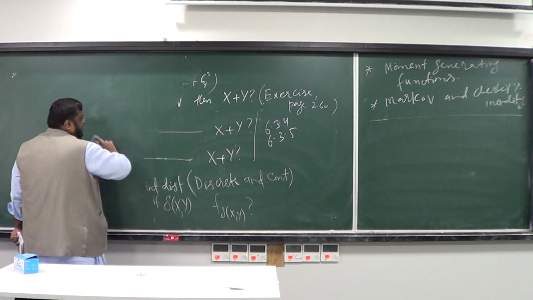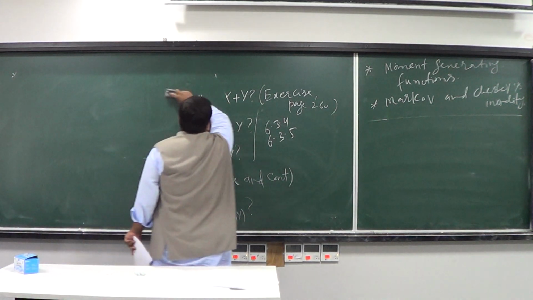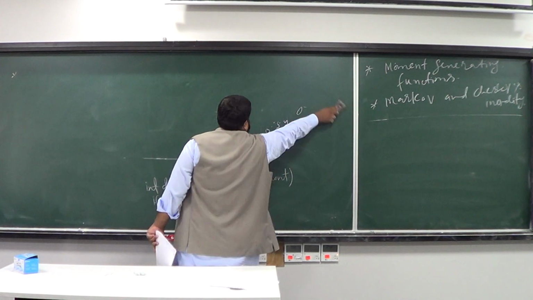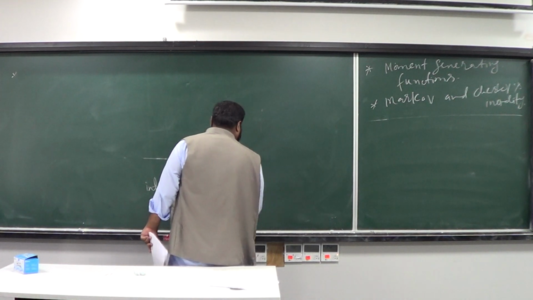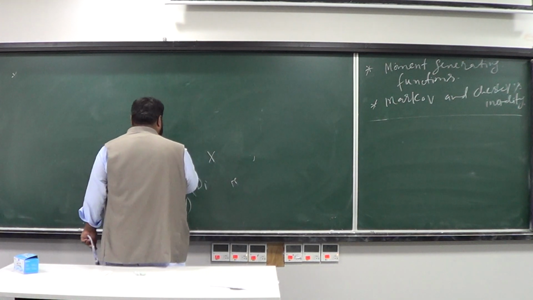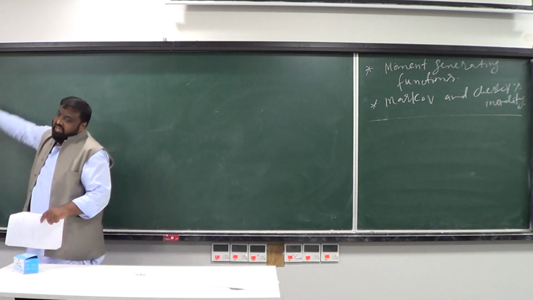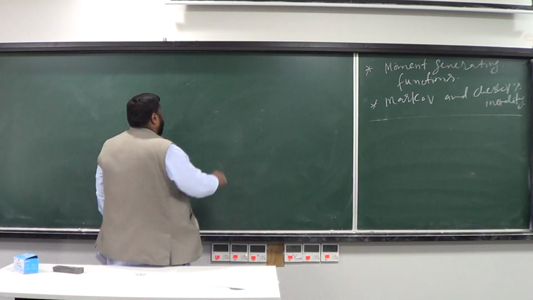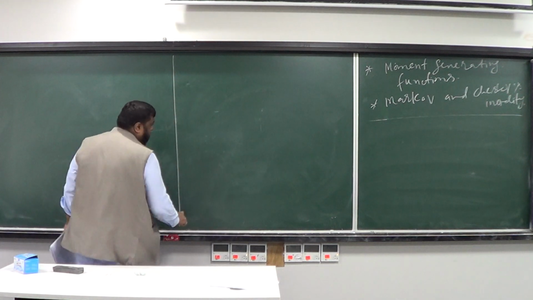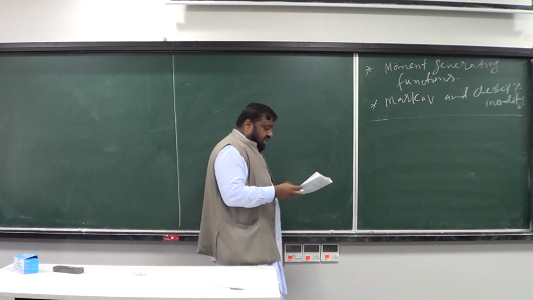The answer is yes. So we will start by defining the joint conditional PDF for the discrete cases, when the two random variables are discrete, and then we will do some examples for the continuous case.